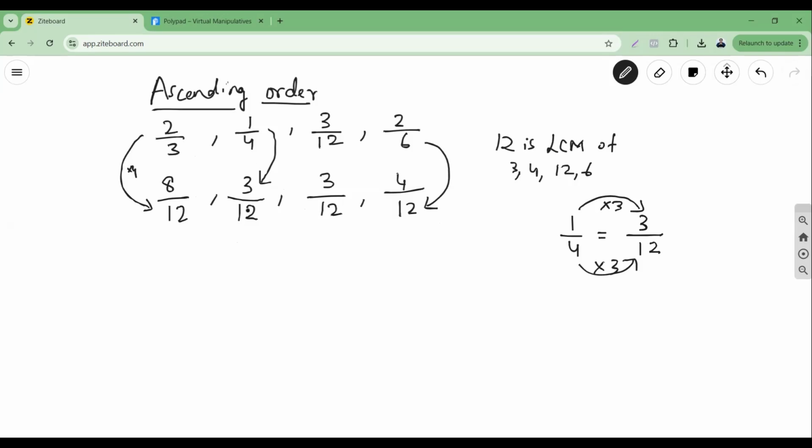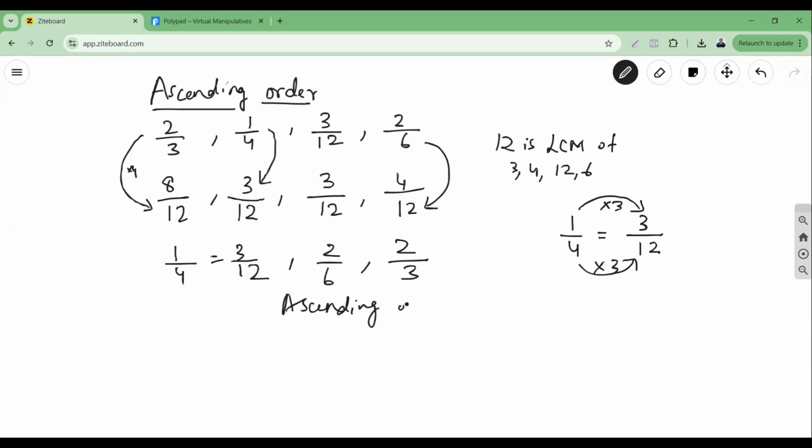You have got 3/12, which means 1/4 is the same as 3/12. That's the least one. Then the next one is 4/12, which means actually 2/6. Then 8/12, which is nothing but 2/3. So this is the ascending order of the fractions that we got.